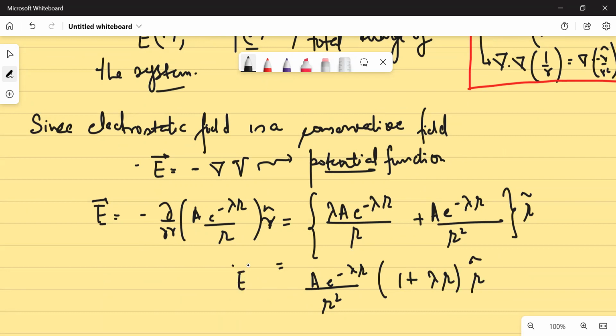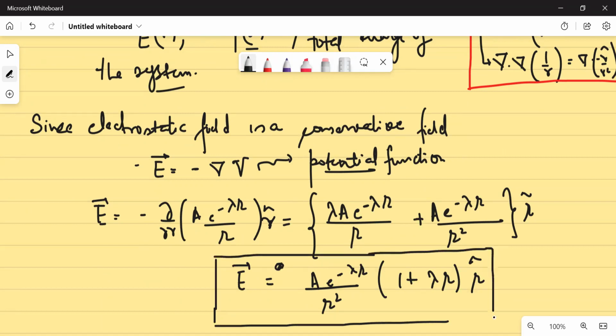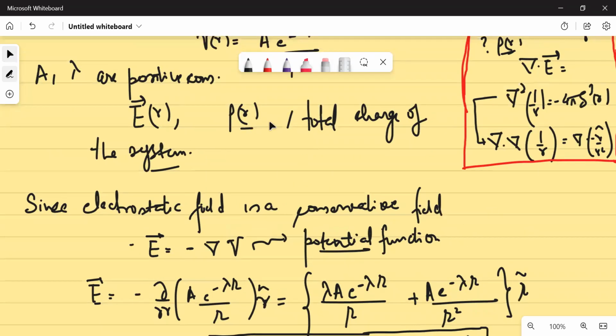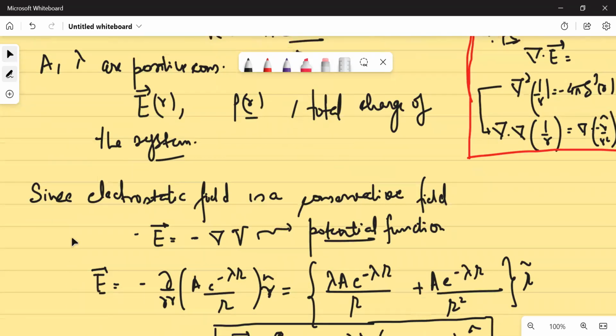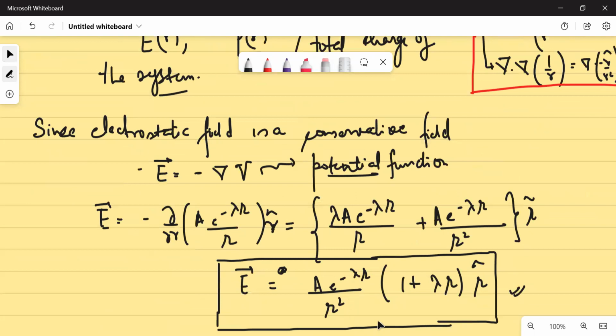So your electric field comes out as A e की power minus lambda R upon R square into 1 plus lambda R cap. Is that clear? So if I have a potential of this form, A e की power minus lambda R upon R, then my electric field would be equal to A e की power minus lambda R upon R square 1 plus lambda R cap. Is that clear?